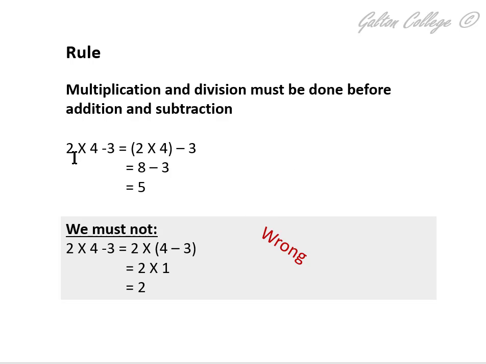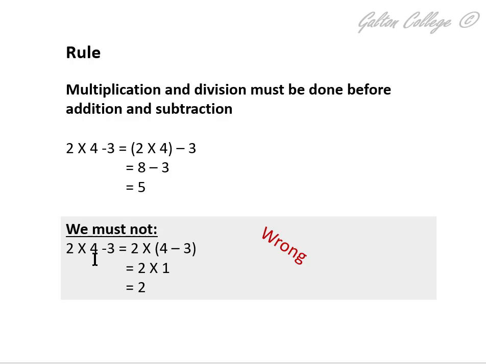So 2 times 4 minus 3. So it's 2 times 4 minus 3. 2 times 4 is 8, 8 minus 3 is 5. But you see, up here, unless we have a rule, we could do this wrongly. This is how to do it wrong.